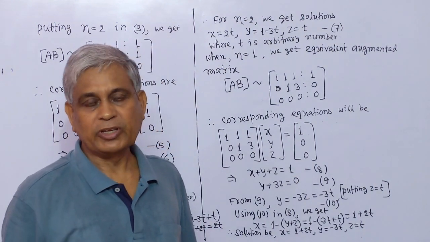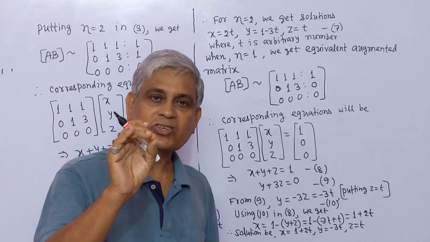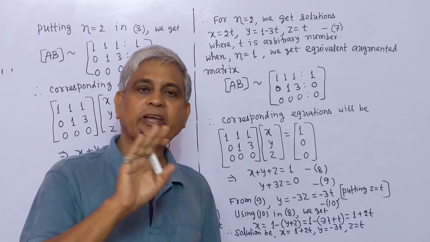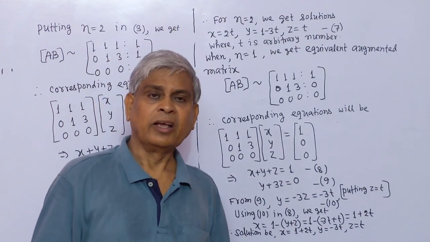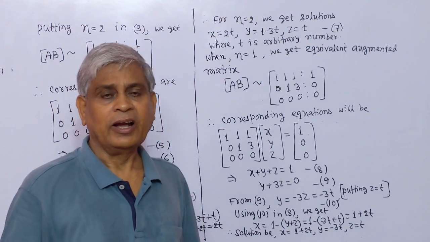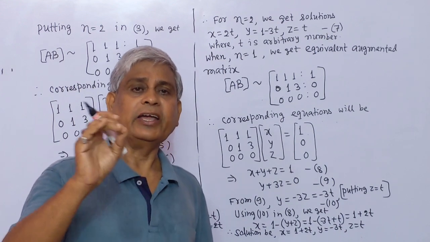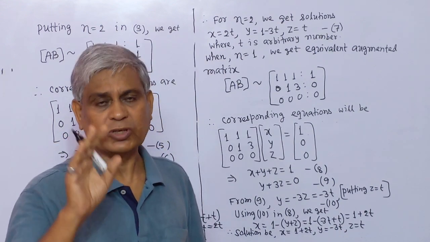So our problem is solved. We have seen that the coefficient matrix is singular, so we do not get any unique solution. After getting eta equal to 2 and eta equal to 1, we get an infinite number of solutions.